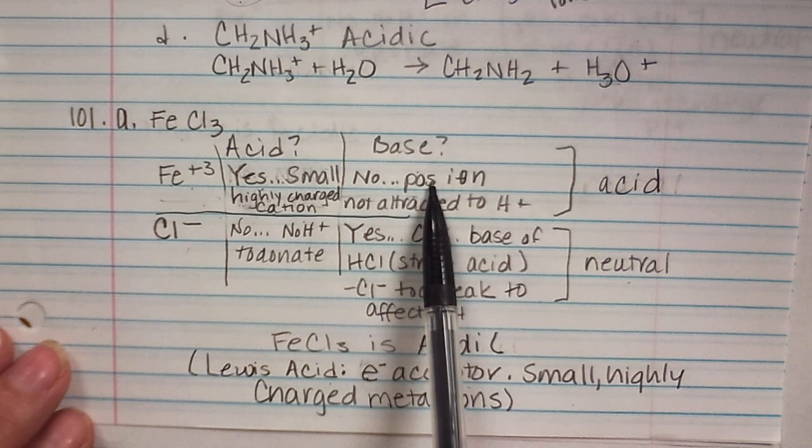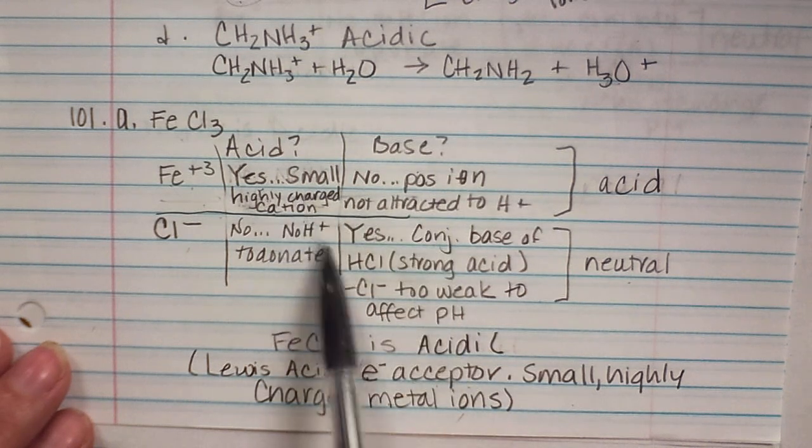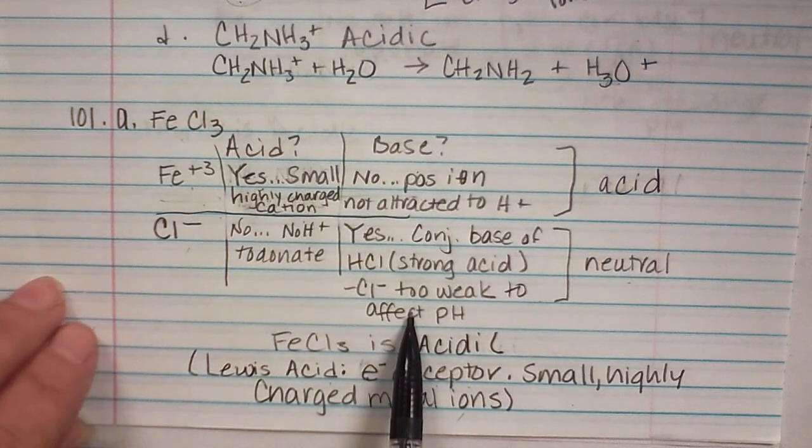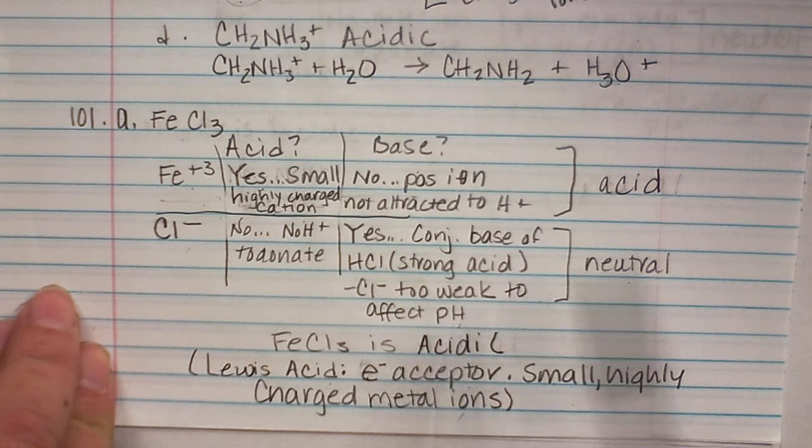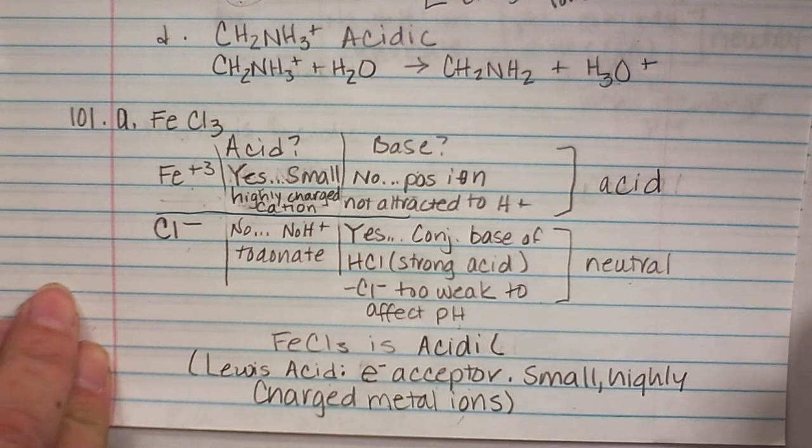Iron is not a base, but it is acidic, and it is a base for the chloride, but it's too weak. And you need to write that chloride is too weak to affect the pH. Okay? Questions?